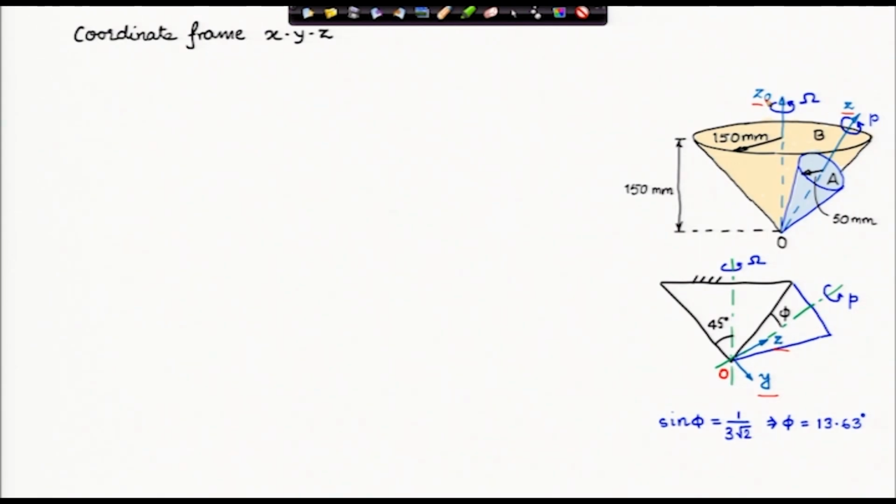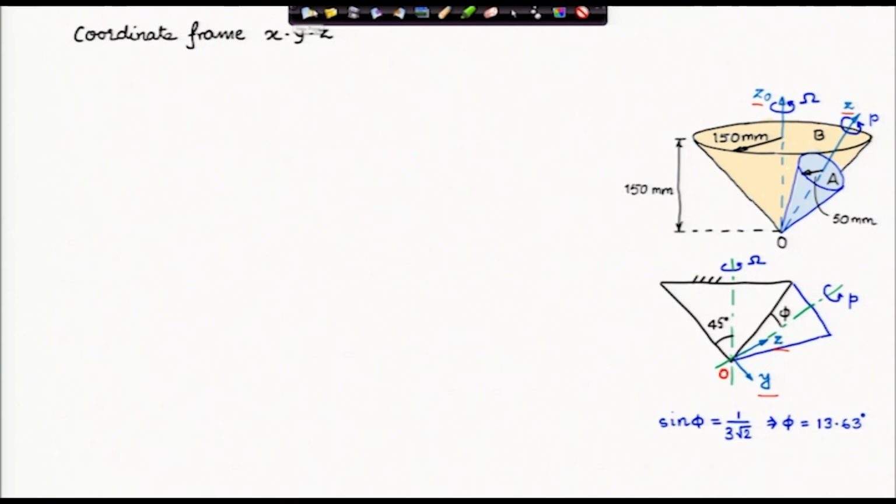Z naught is an inertially fixed direction, which is the axis of the fixed cone, and x therefore must come out of the plane of the screen. Now, we are going to express everything in this x, y, z coordinate system, which is of course a rotating frame.